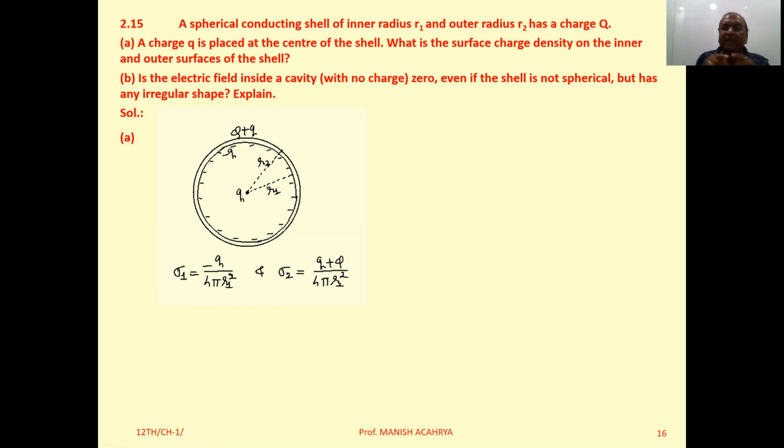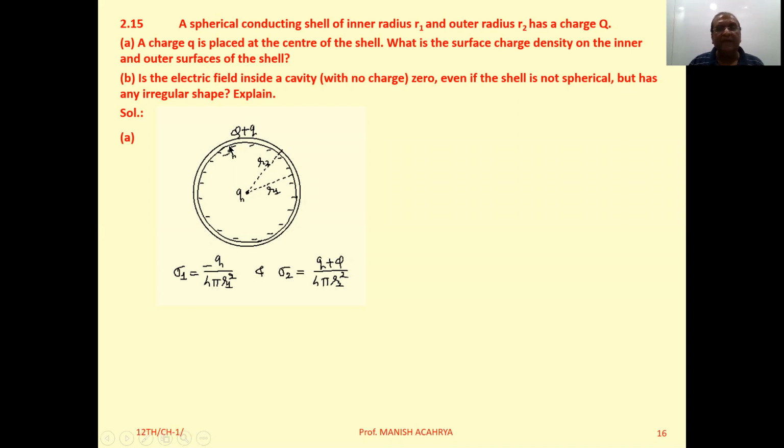Now if minus q amount of charge is accumulated on the inner surface, then the same amount of positive charge will be free on the outer surface. It implies that now resultantly the situation will be like this. On the outer shell, the total amount of charge will be capital Q plus small q.